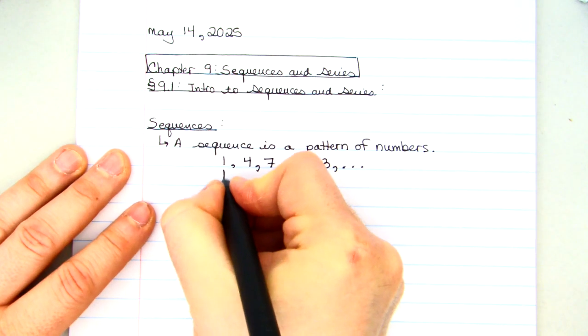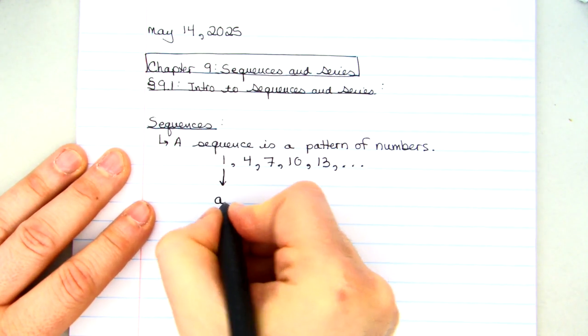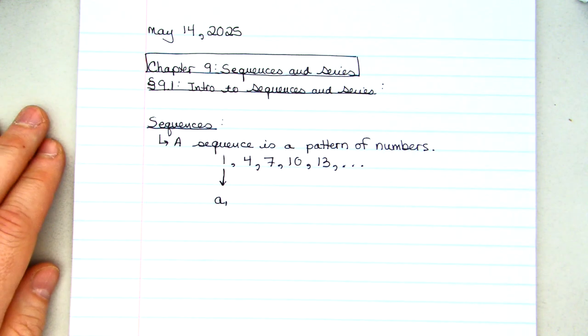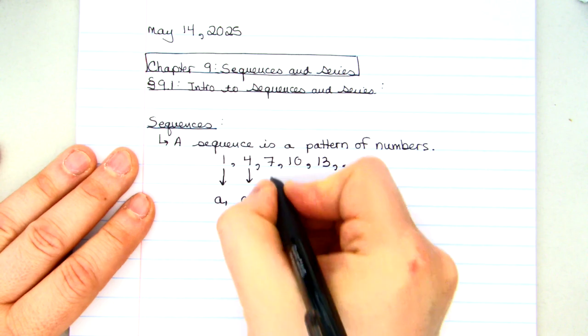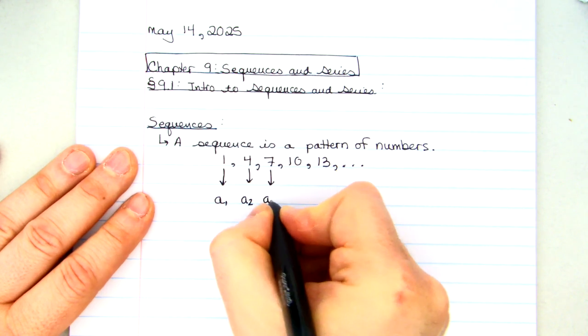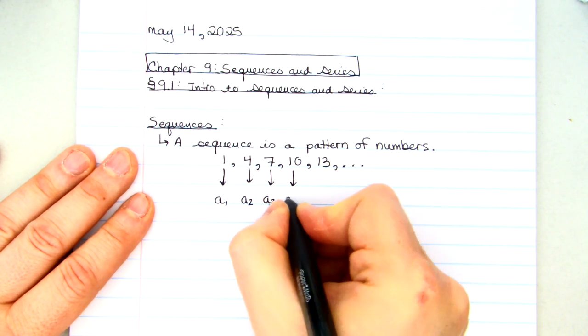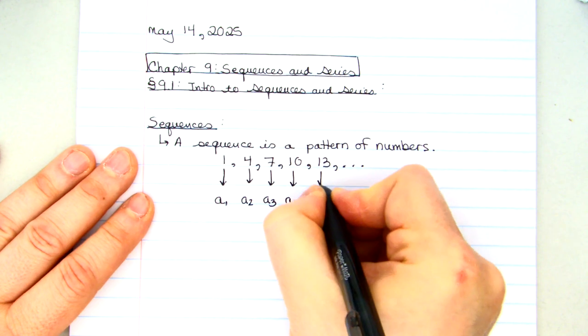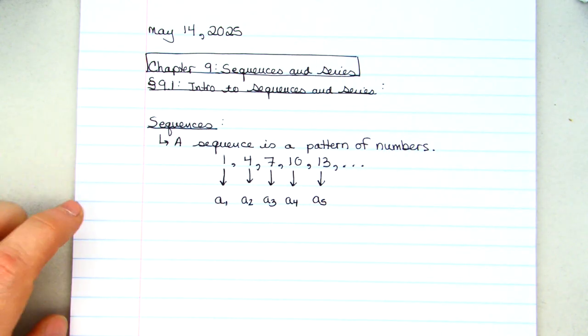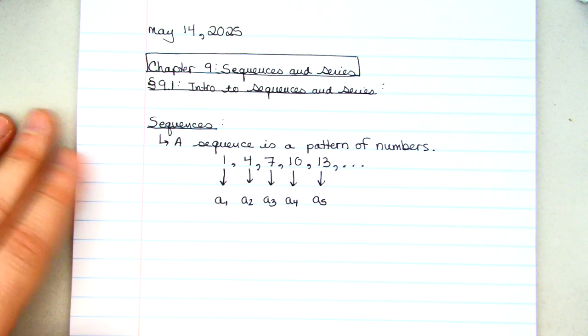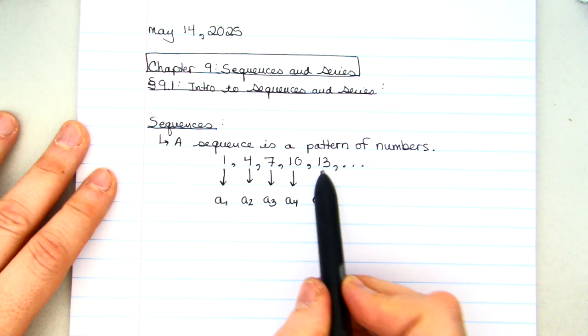1 is my first term, and the symbol we'll use for that is A sub 1. 4 is my second term, A sub 2, A sub 3, A sub 4, A sub 5. I've got my first term, second term, third term, fourth term, fifth term.